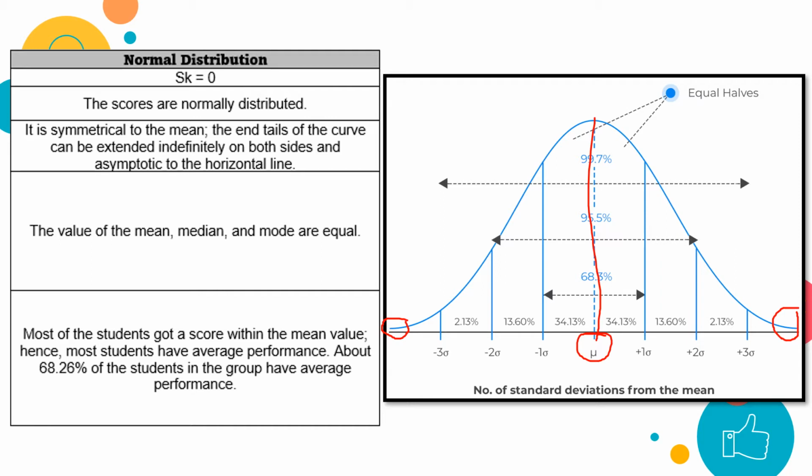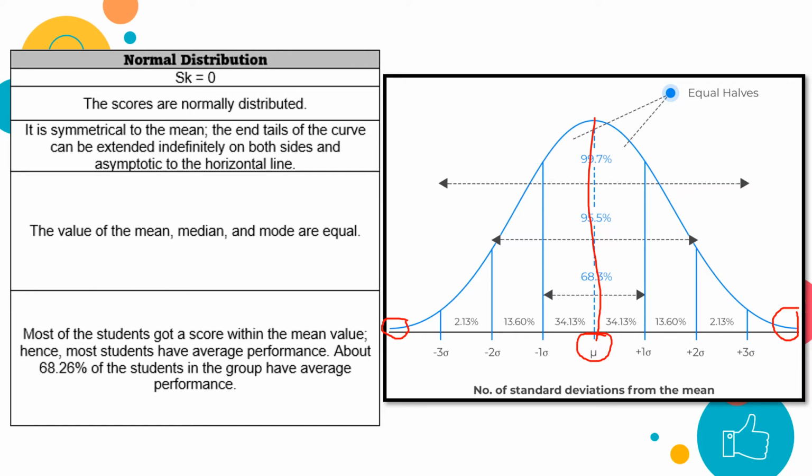Earlier, in the positively skewed distribution, the scores were low. So the interpretation is that the concentration of scores of the whole class is below the mean value. On the other hand, in the negatively skewed distribution, most of the scores are high. The finding here is most of the scores are above the mean value.